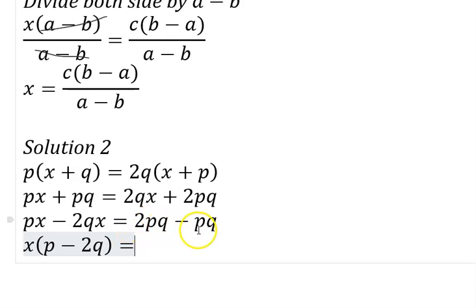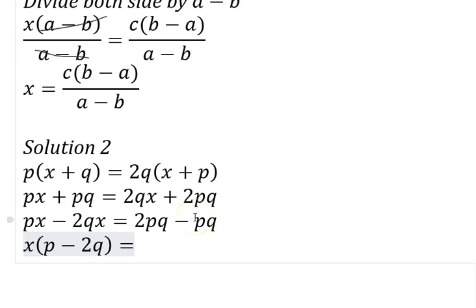Now 2PQ minus PQ. You can do this in two ways. You will still get the same answer. This is 2PQ and this is PQ. This PQ is still the same thing as 1PQ. So if you say 2PQ minus 1PQ, you'll be left with 1PQ.